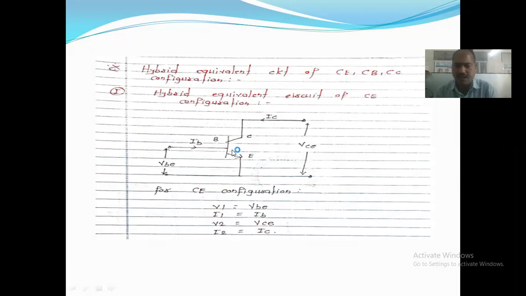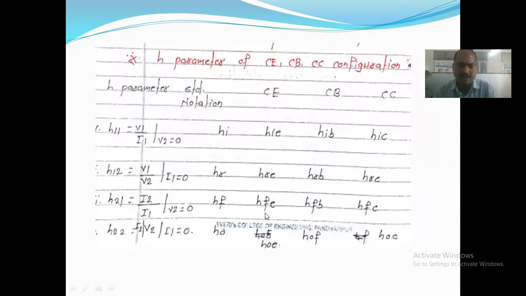VB and IB are the input voltage and current respectively. When we apply this, we get the output voltage as VC and the current flowing is the collector current. So the input current is IB, the output current is IC, the input voltage is VB, and the output voltage is VC.